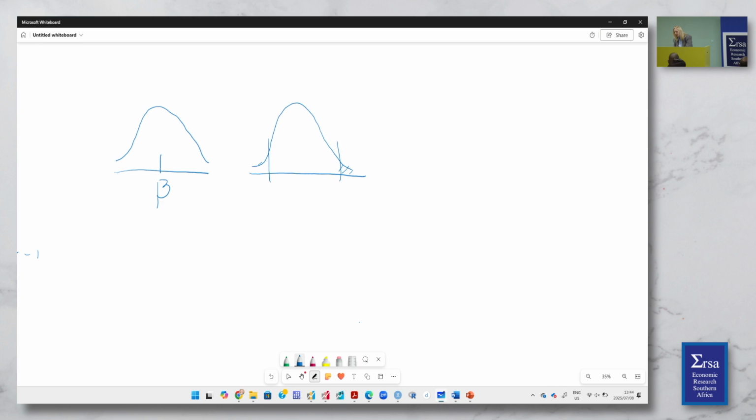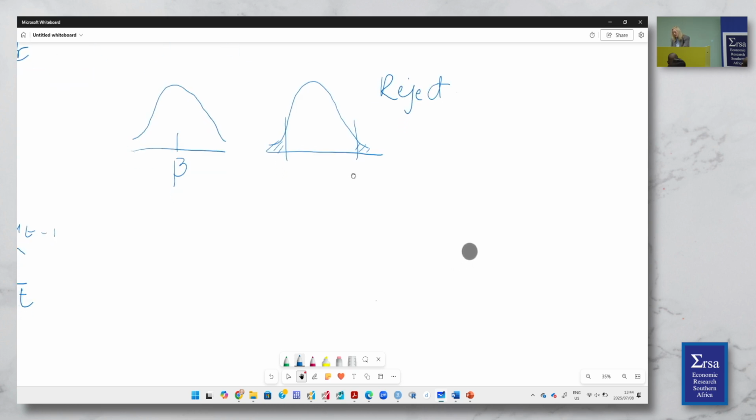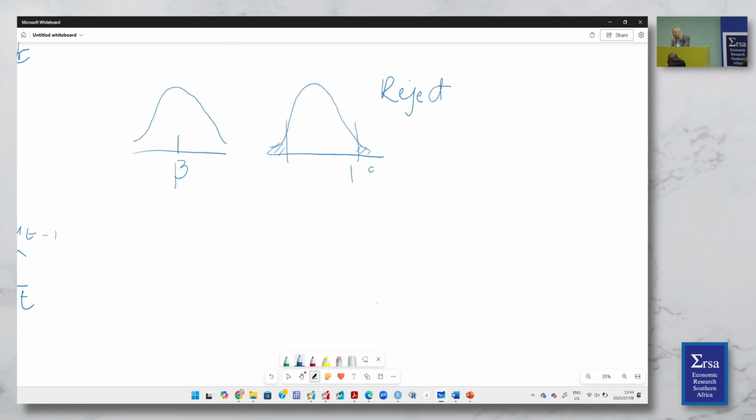And this gives us our probability to falsely reject the null, reject the null when we shouldn't reject, the type 1 error. So, and we know that those values are roughly 2.